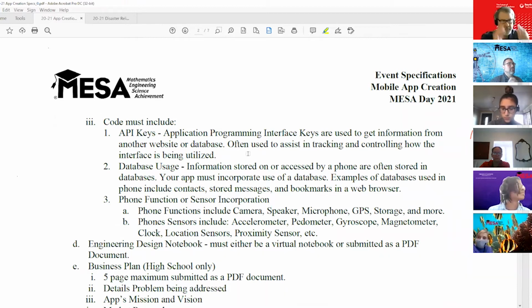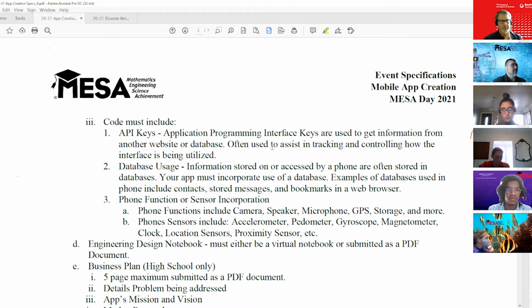These are used to get information from another website or database. A lot of times they're used in tracking and controlling how the interface is being used. So we're going to look for things that say API key or other specific language that identifies something as an API key. We'll be looking for those things in your code.